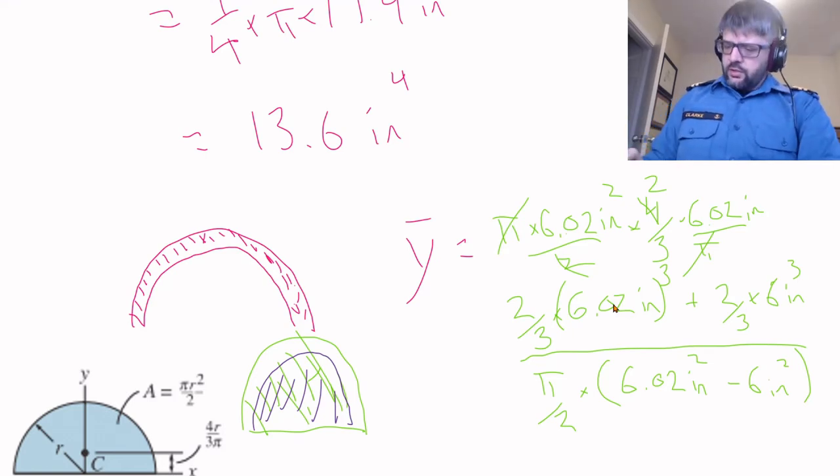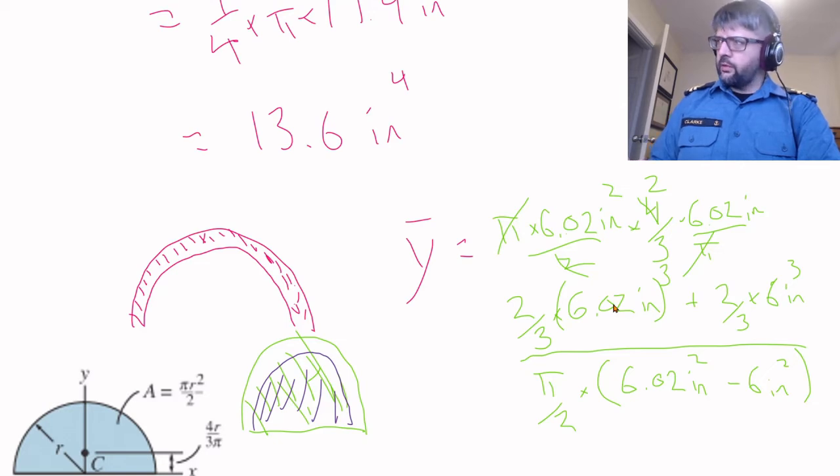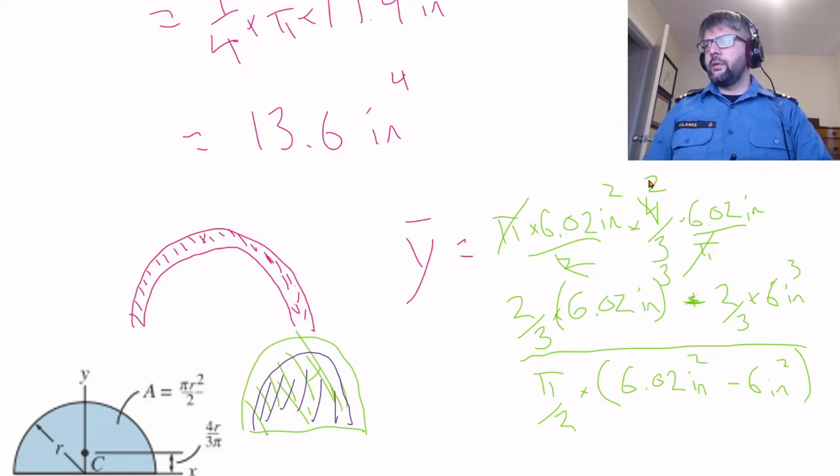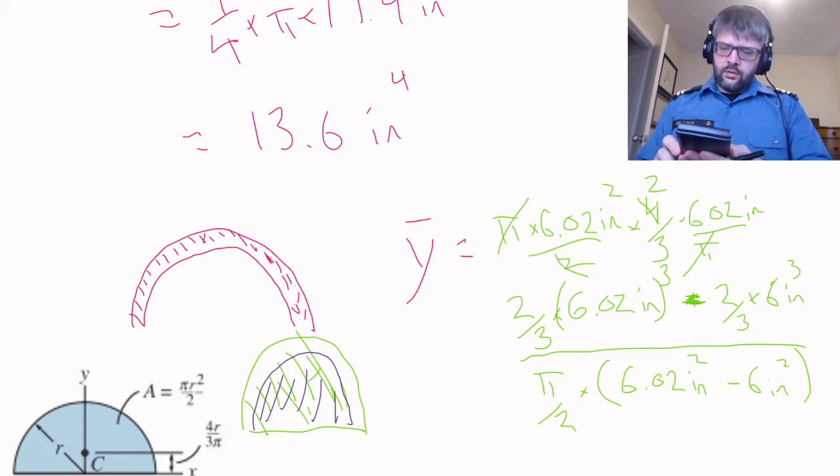Okay, so 6.02 to the power of 3 minus, it should be a minus sign right there, minus 6 to the power of 3 times 2/3.